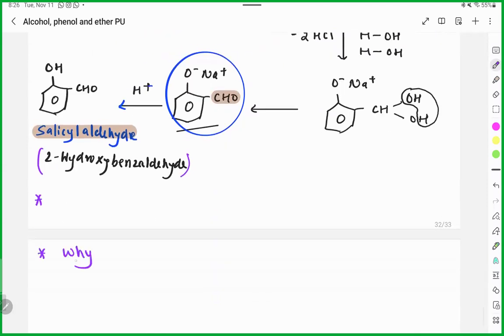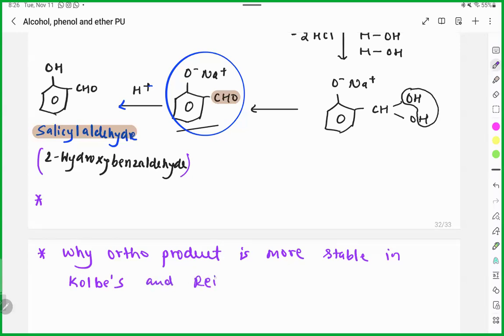Why is the ortho product more stable in Kolbe and Reimer-Tiemann reactions?